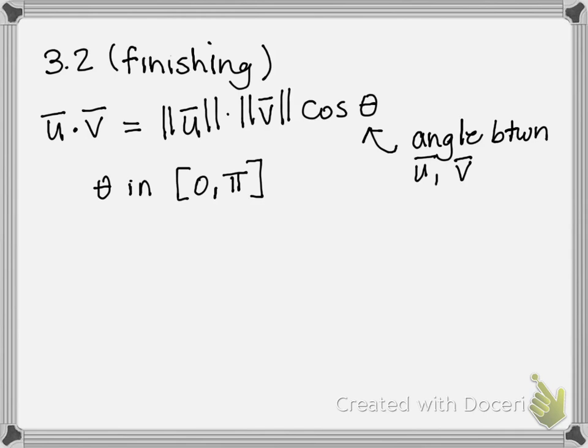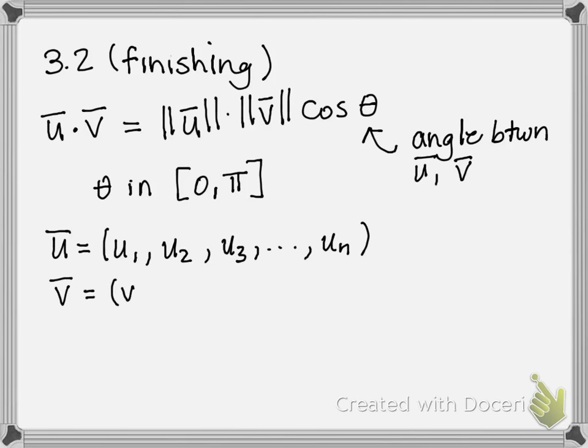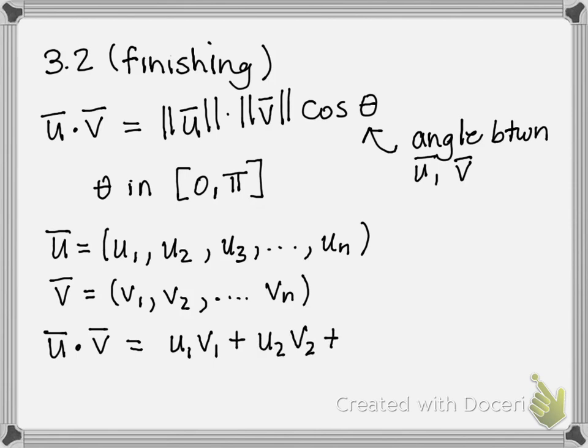So if u is the vector u1 through un, so I'm writing out the components, and u and v are vectors in Rn, with v being v1 through vn, then u dot v can also be found by just taking the product u1 times v1 and then adding that to u2 times v2, u3 times v3, etc., up to un times vn.